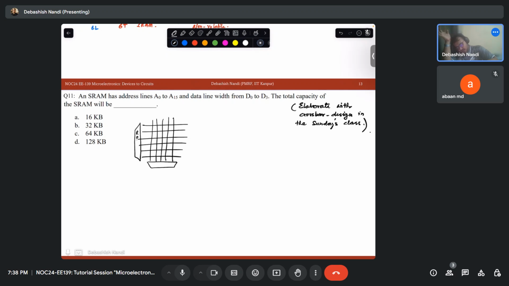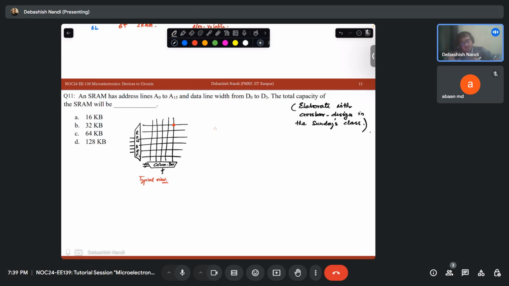This is your row decoder and this is your column decoder or multiplexer. And your memory elements are these. Let's say this will be your one memory element. So this is the typical structure view. Details will be provided in the next session.